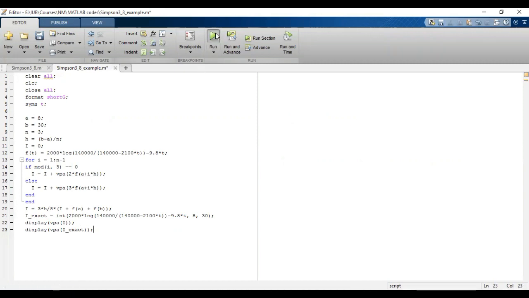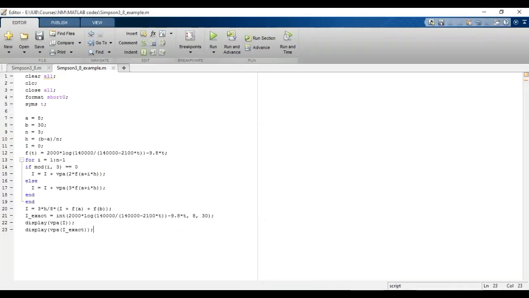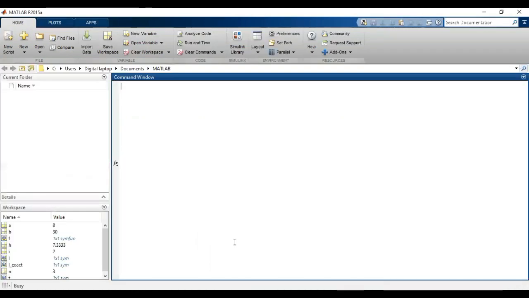So let's run this code, and after running this code, this is the answer. This is the exact answer. This is the answer given by Simpson's 3 by 8 rule with 3 segments. And for 6 segments, again I will run this code, and now you can see my answer gets closer to the exact answer.